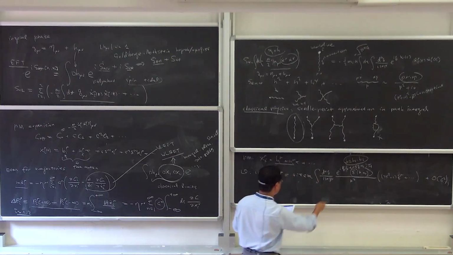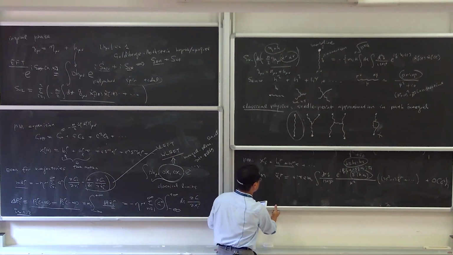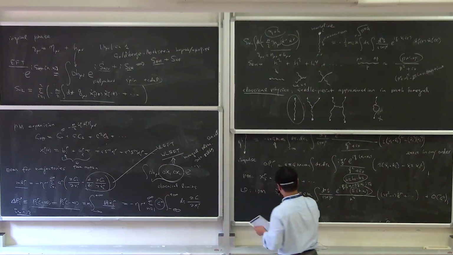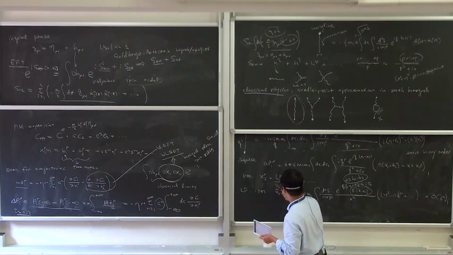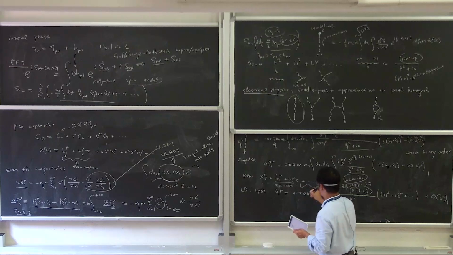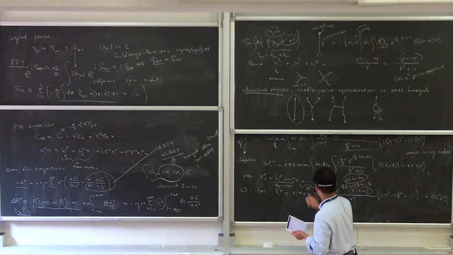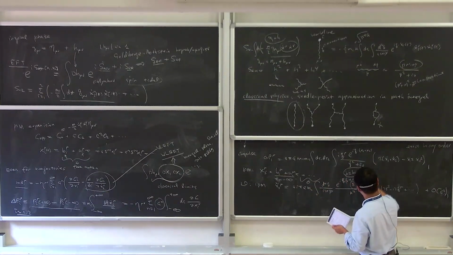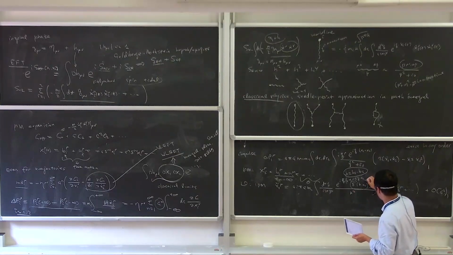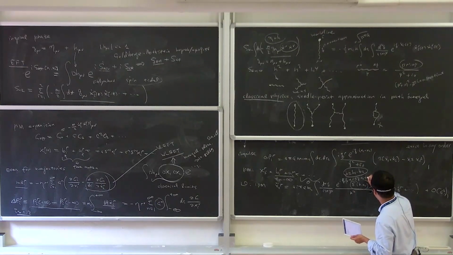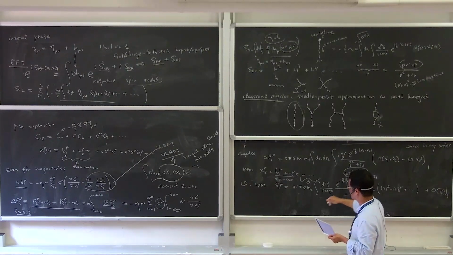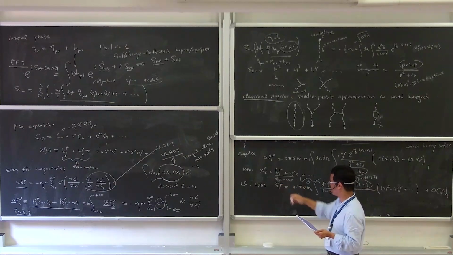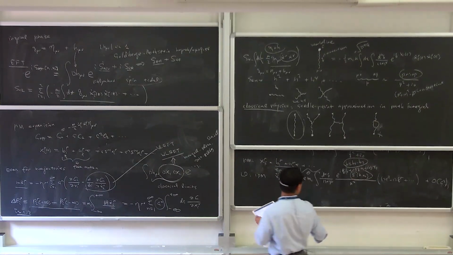The important thing is that at the boundary, for example at tau in the initial stage, this part should be 0. So we must include i epsilon here to make sure it vanishes in the infinite past.